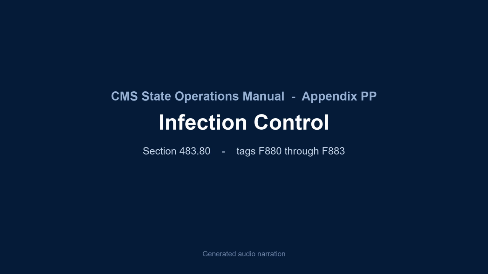483.21(b)(3)(i). The services provided or arranged by the facility must meet professional standards of quality, F658. Also, refer to F880 for concerns with infection prevention and control, provision of immunizations.